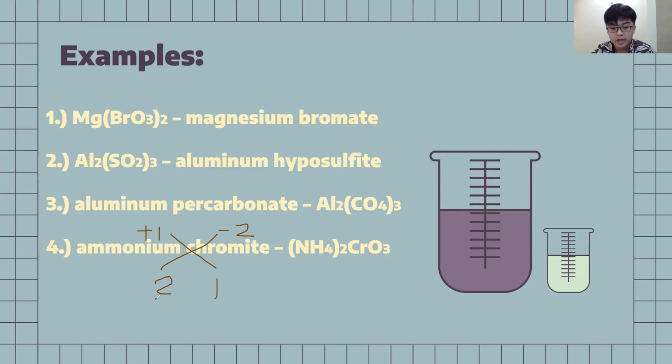Ammonium is NH4, so it will be NH4 multiplied by 2. And for chromite, the original is CrO4. Because it is chromite, it is with one less oxygen atom, so it will be CrO3. So the answer is NH4 multiplied by 2 and just CrO3.